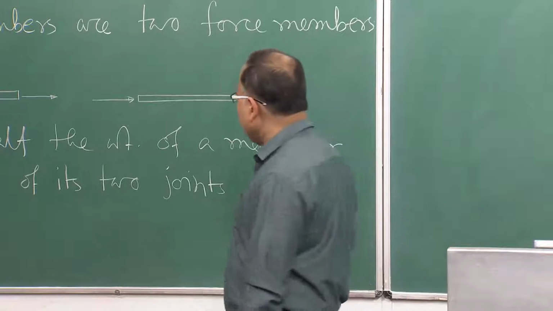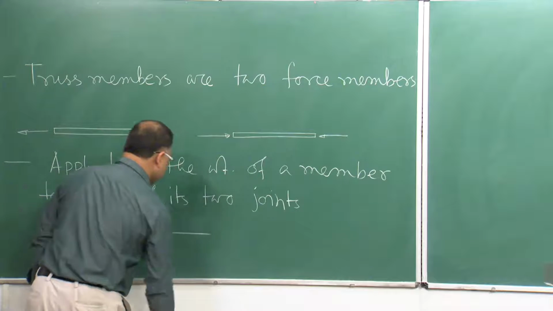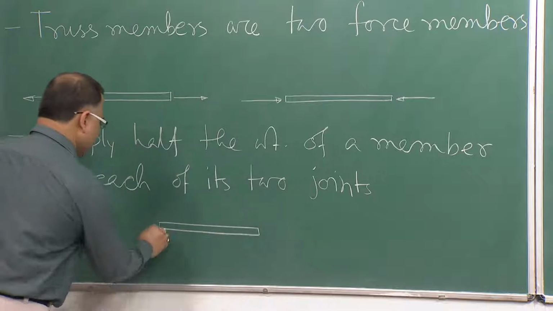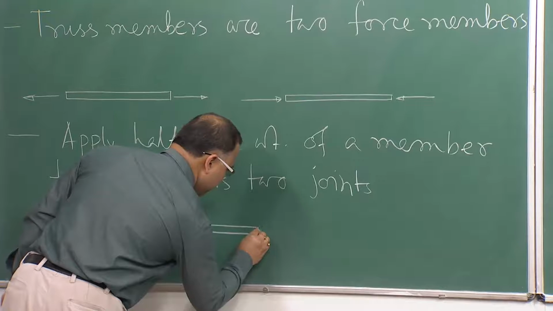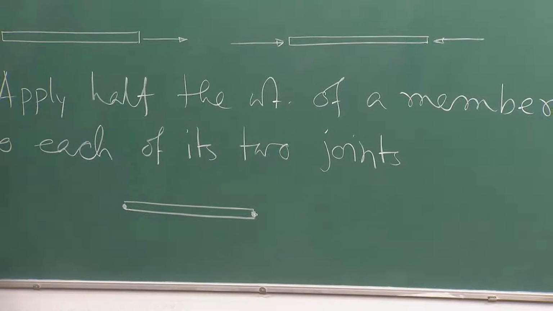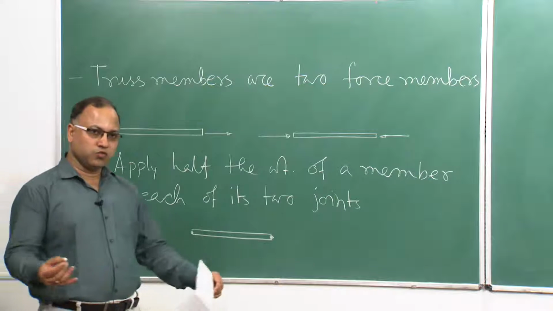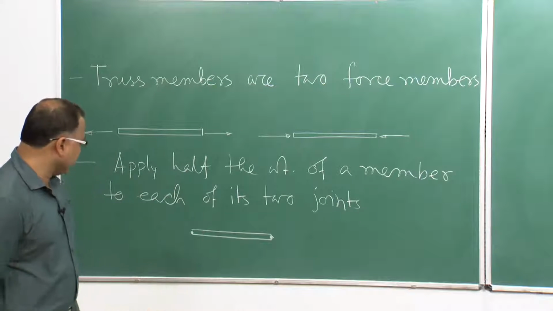Suppose this is your member, having two ends, which will be connected to two joints when forming a truss.